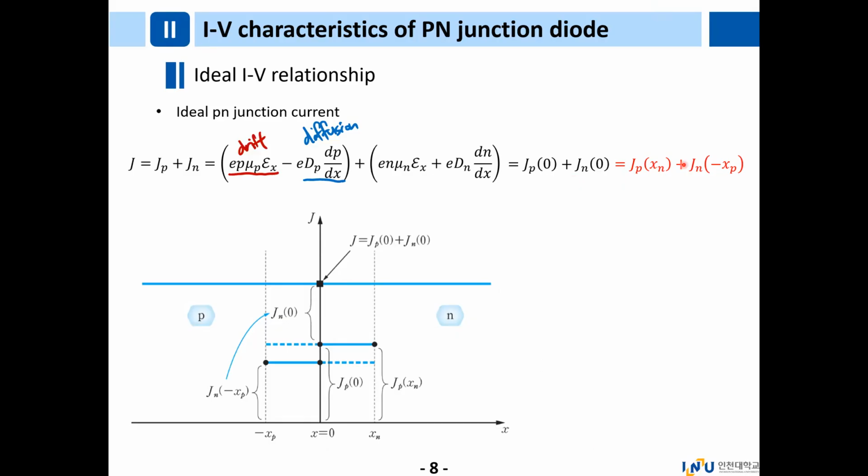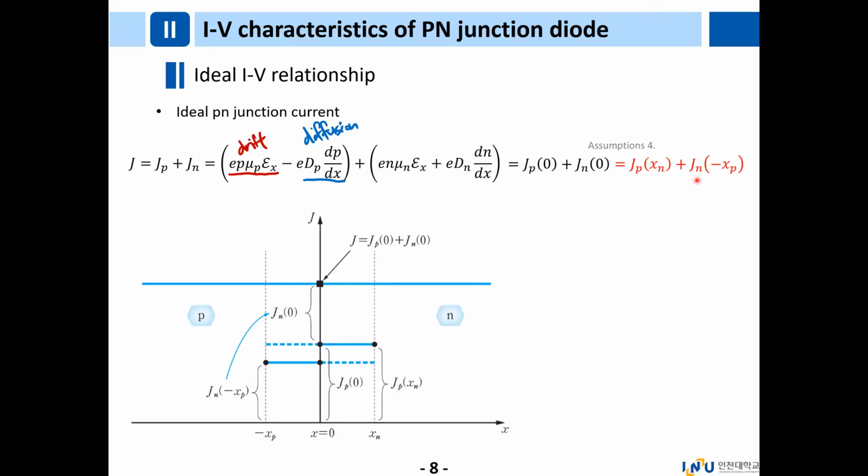The reason for this is that the respective electron and hole currents are continuous functions and are assumed to be constant throughout the depletion layer. So the total current is equal to the sum of the current densities of the minority carriers in each region, which is constant across the junction.